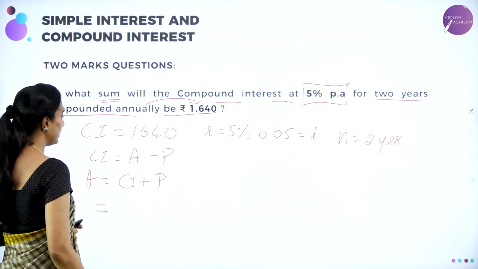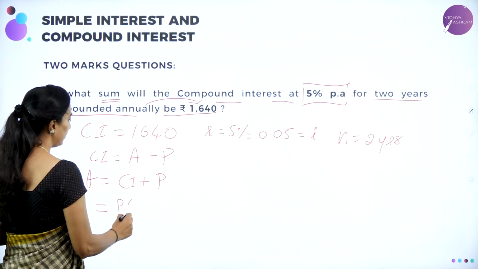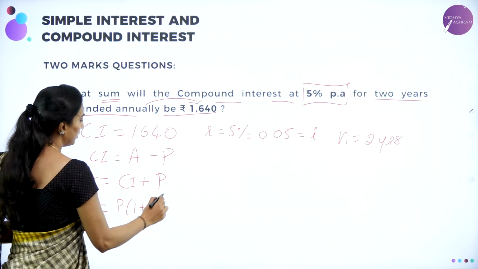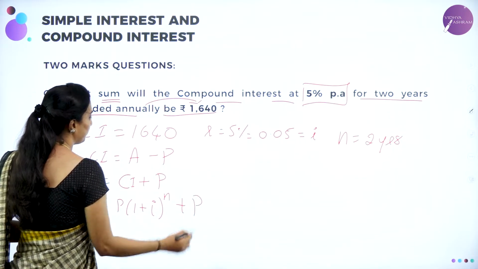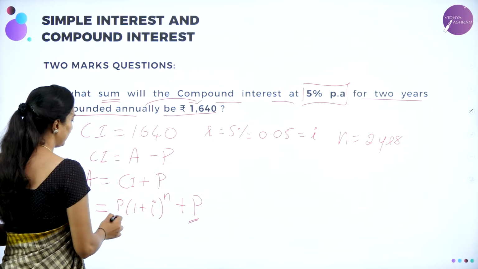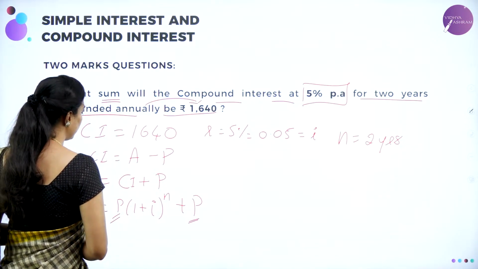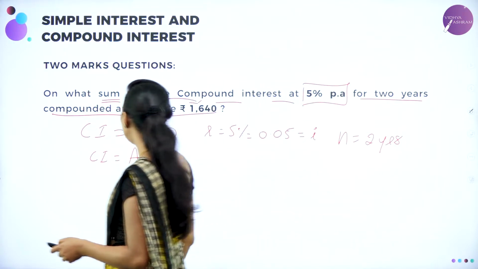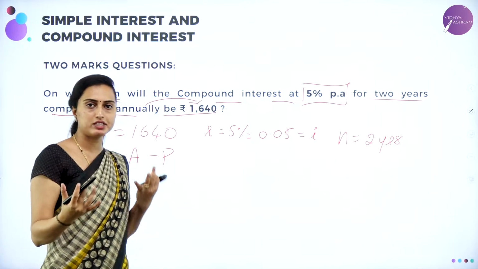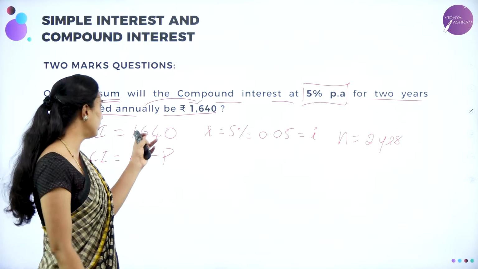Compound interest formula is given by P into (1 plus i) whole to the power of n minus P. You can take P as a common factor. If you take P common, what will you get? The answer. What is that? We know that amount minus principal amount gives you compound interest. What is the compound interest?